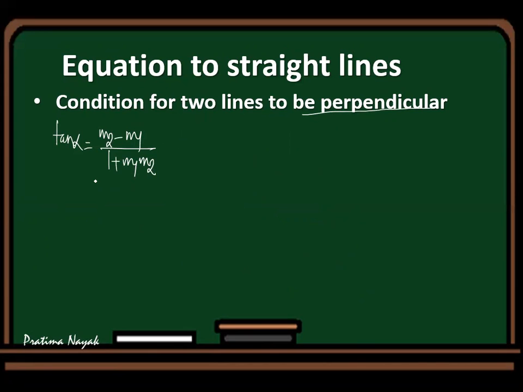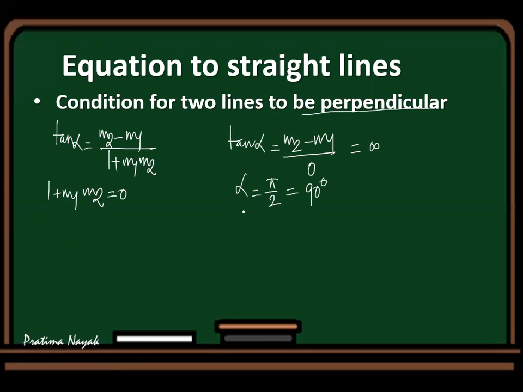Let me make the denominator 0 and see what I get. If 1 plus m1 into m2 is 0, then tan alpha is equal to (m2 minus m1) by 0. And when the denominator is 0, it is undefined. So when tan alpha is undefined, you know that alpha is equal to how much? Pi by 2 or 90 degrees.